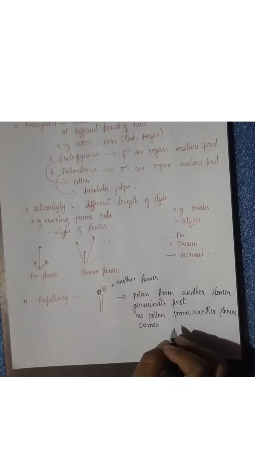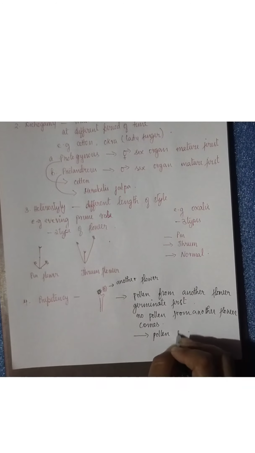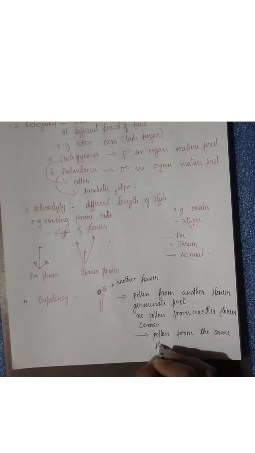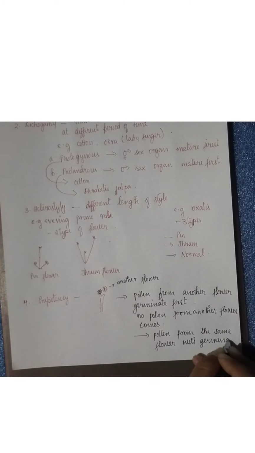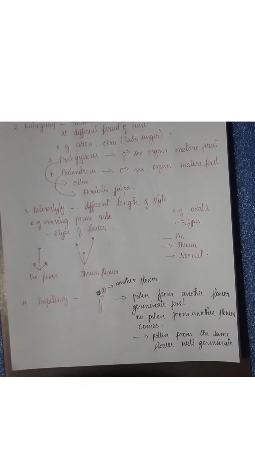If no pollen from another flower comes, then the pollen from the same flower will germinate. This is known as pre-potency.